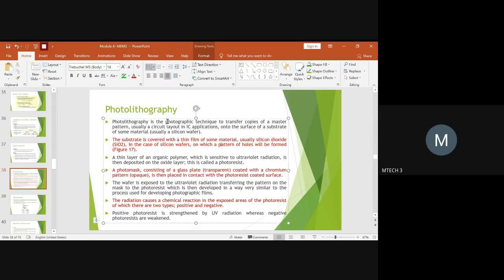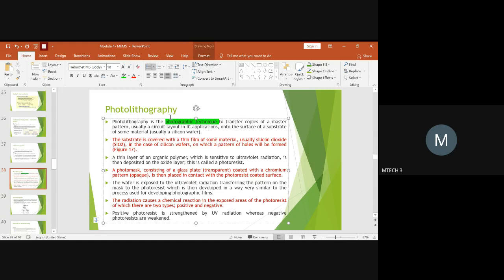This is the photolithographic technique we usually use to transfer the copy of the master pattern into the thin film where you need it. Basically, we use the same phenomenon to create the IC chip. In an IC chip, you need a circuit layout. You cannot directly draw a circuit layout on the thin film.